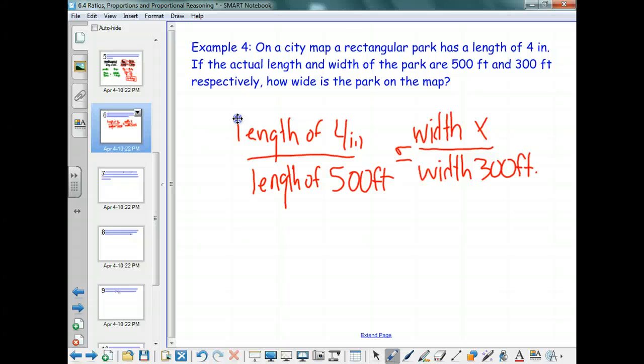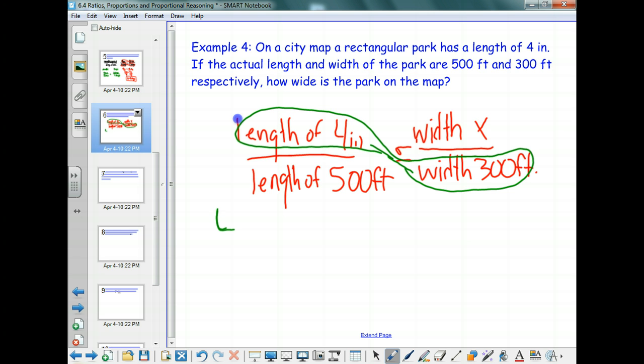Okay, cross multiply, so pick a diagonal. Right, let's write, hey Rachel, let's write the 1200 underneath the 4 times 300.